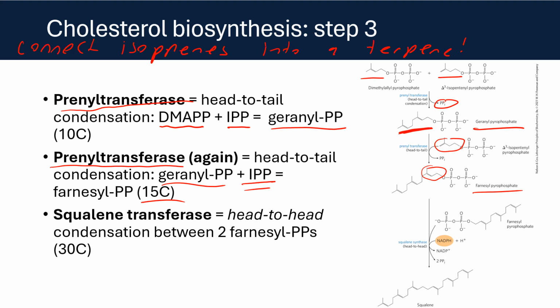Squalene transferase is the third and final enzyme involved in the addition series of reactions. This is going to catalyze a head-to-head condensation between two farnesyl pyrophosphates. And this is what I mean by that.